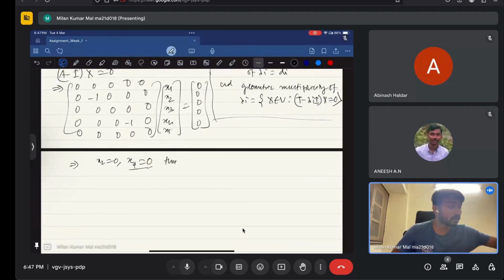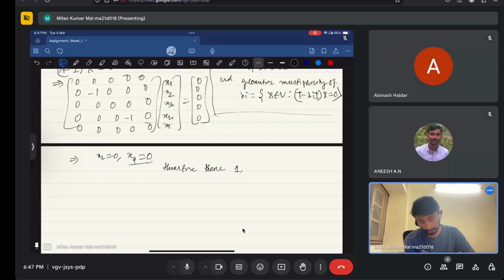Therefore here 1, x square and x to the power 4 are eigenvectors corresponding to eigenvalue 1.